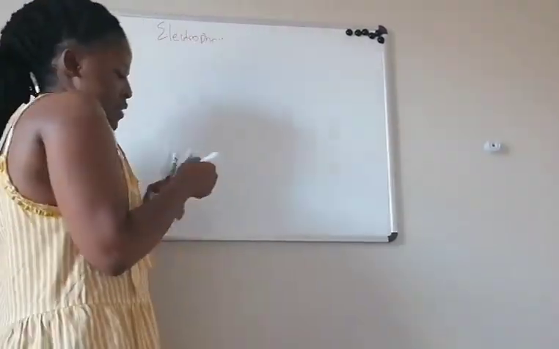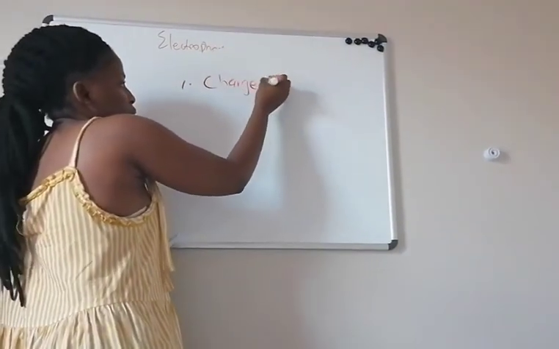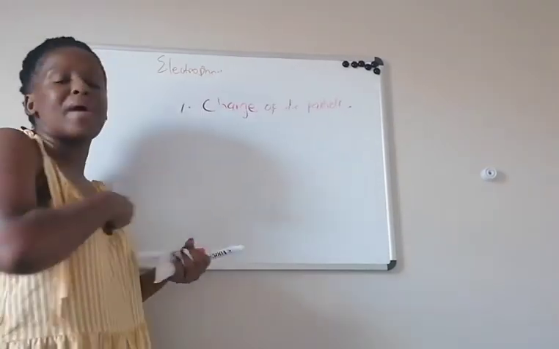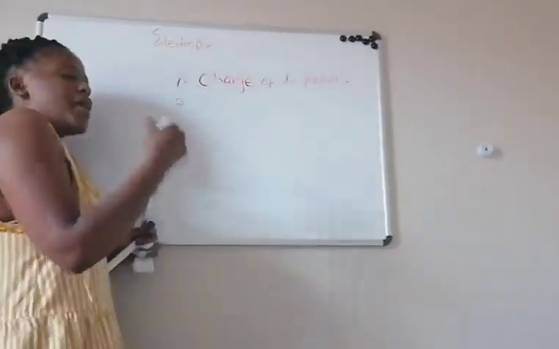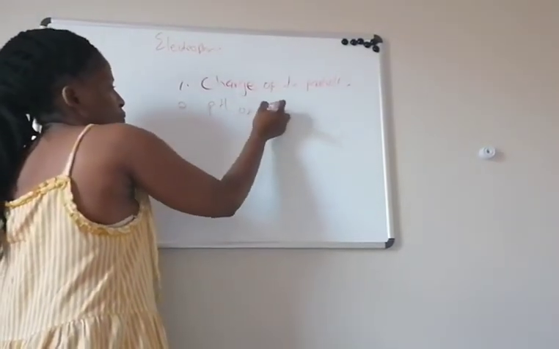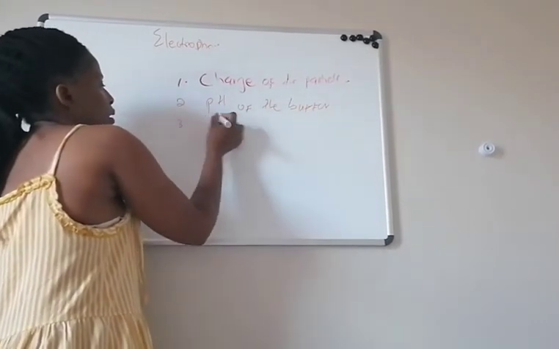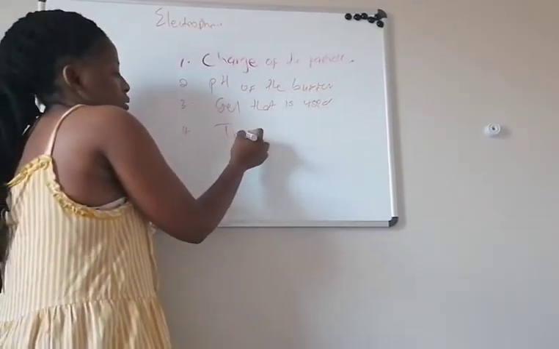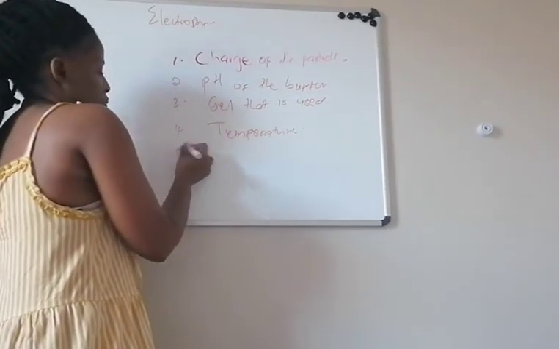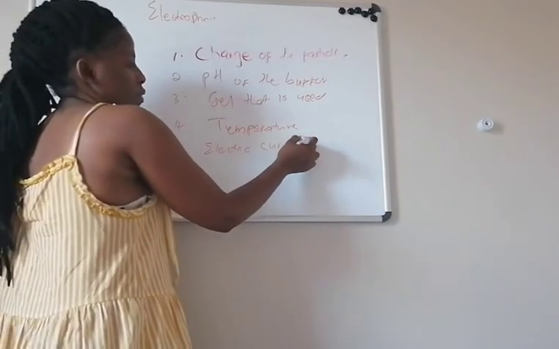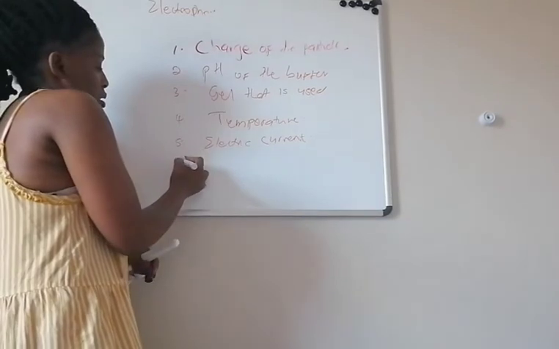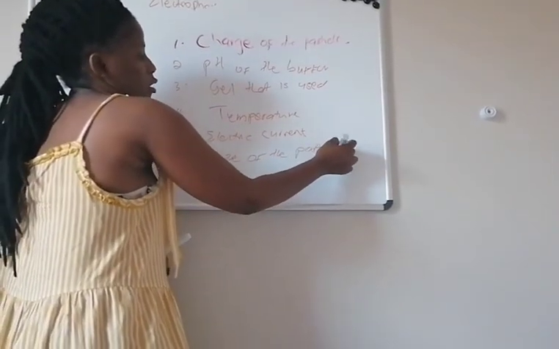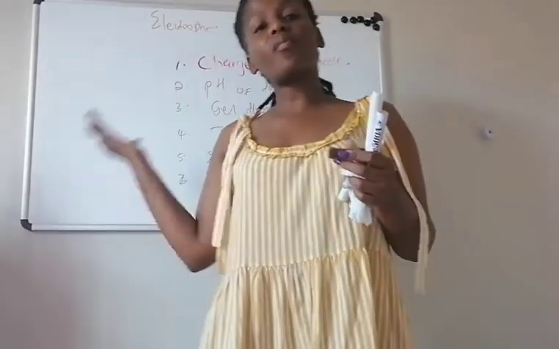Those factors might be the charge of the particle itself, which will influence the migration or the movement, as well as the pH of the buffer, the gel that is used, temperature, the electric current as well can also affect the rate of migration, and as well as the size of the particles can also affect the rate of migration of the particles.